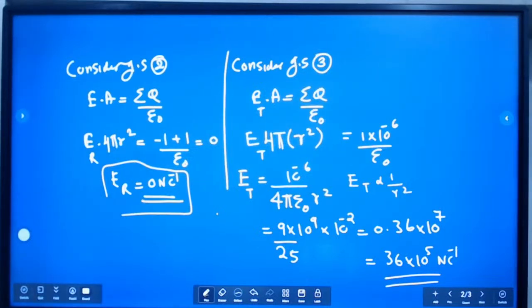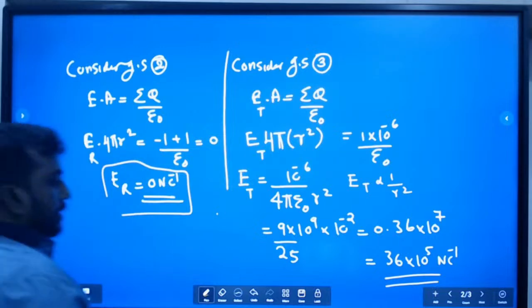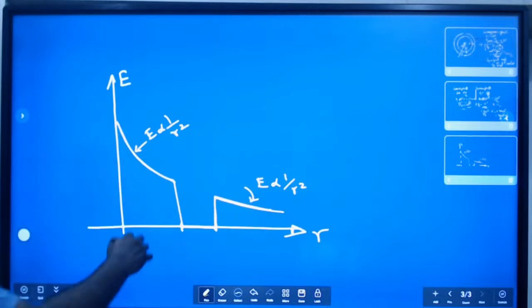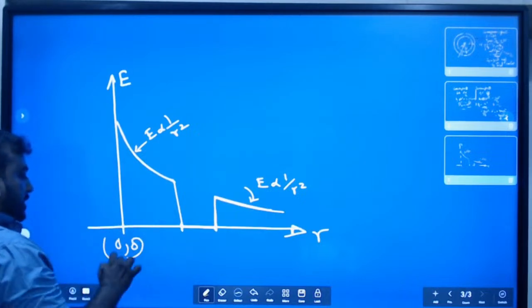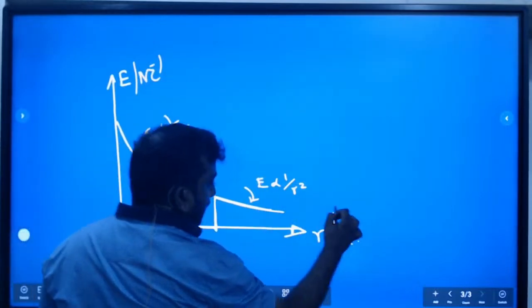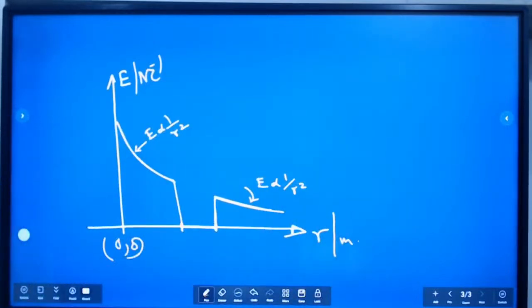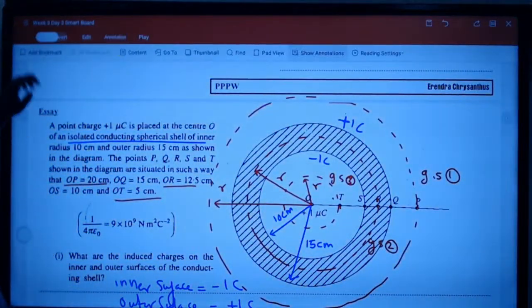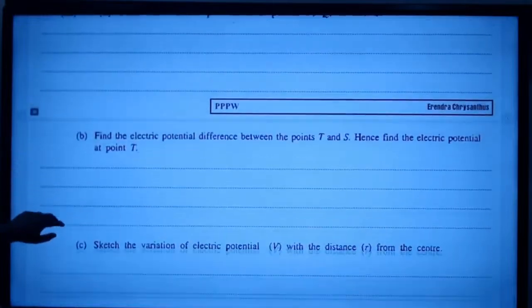Right. So once you need to draw it, there you go, the graph. Please name the axes: here 0, 0, Newton per coulomb, here meter. So we are doing a lot of work there.